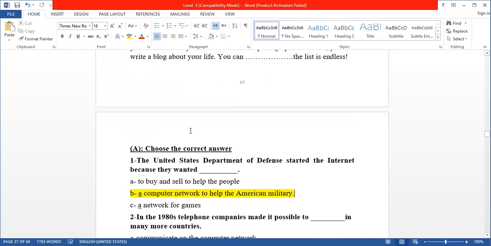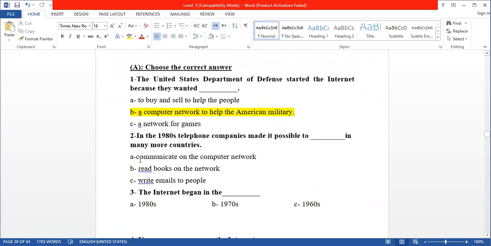So the option here is A, to communicate on the computer network.